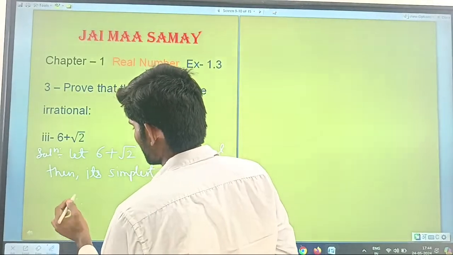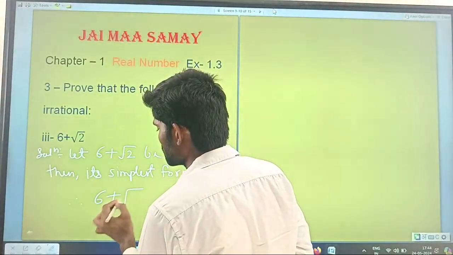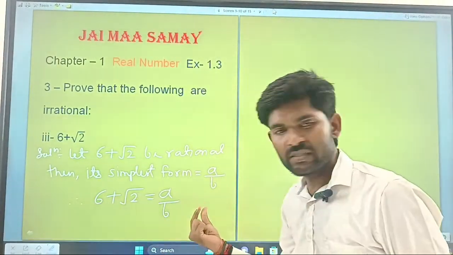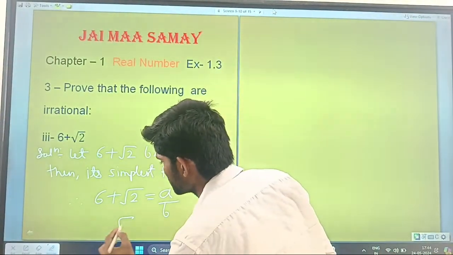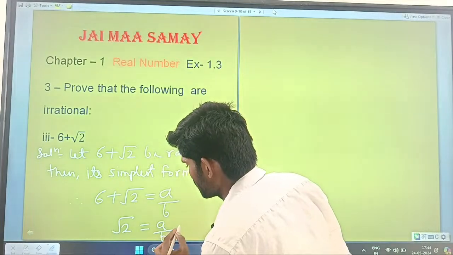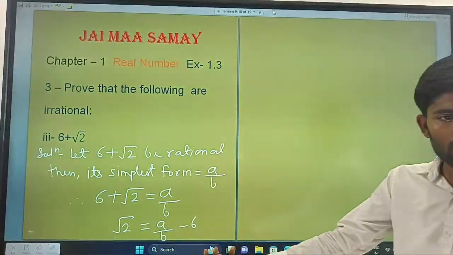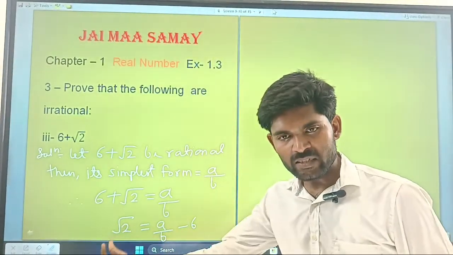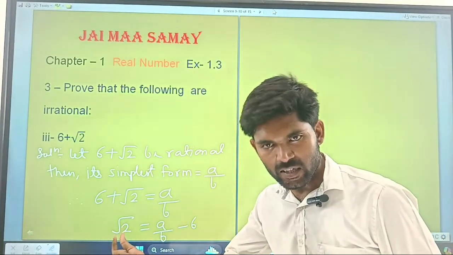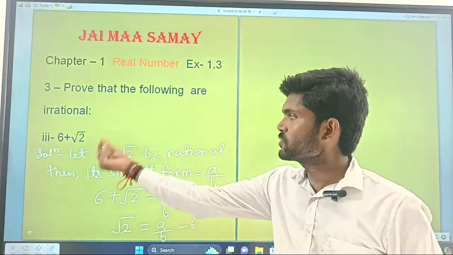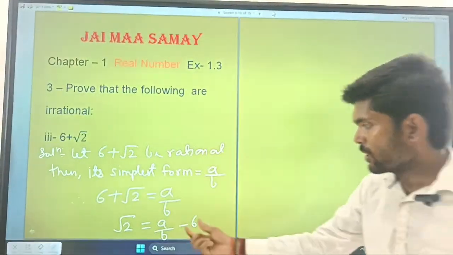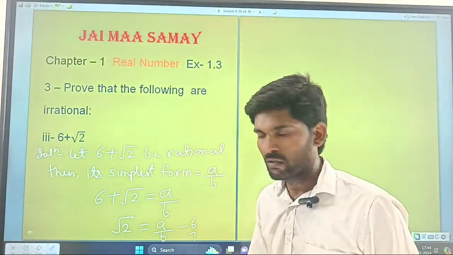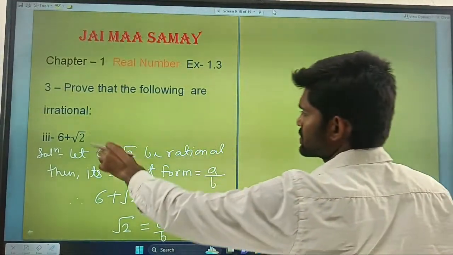Then therefore write 6 plus under root 2 is equal to A upon B. Here plus, then this side same, minus, complete. This is rational, then this side rational, then this is also rational, but this is not rational. That's why our assumption is wrong. That's why this is irrational. Clear? First note down here. Suppose right side rational, then left side also rational, but this is wrong. That's why that is irrational.